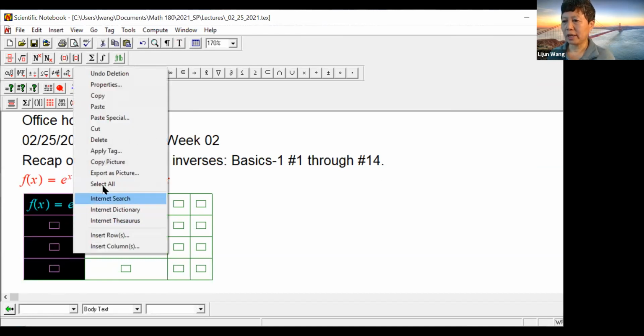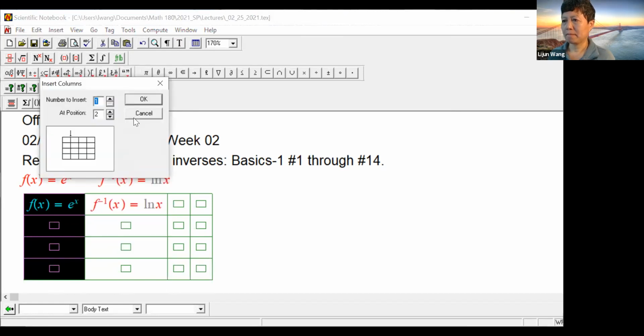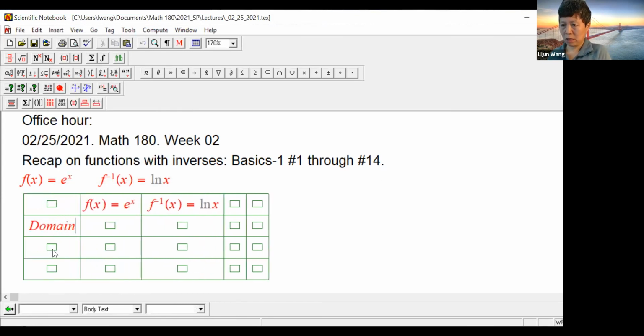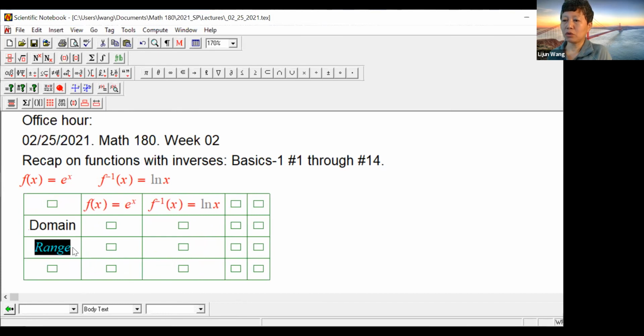We studied domain and range yesterday. Among all the things we studied, we particularly take out domain and range to discuss.